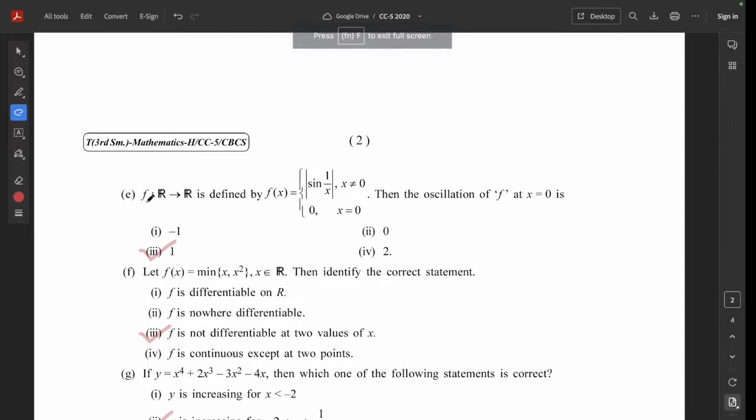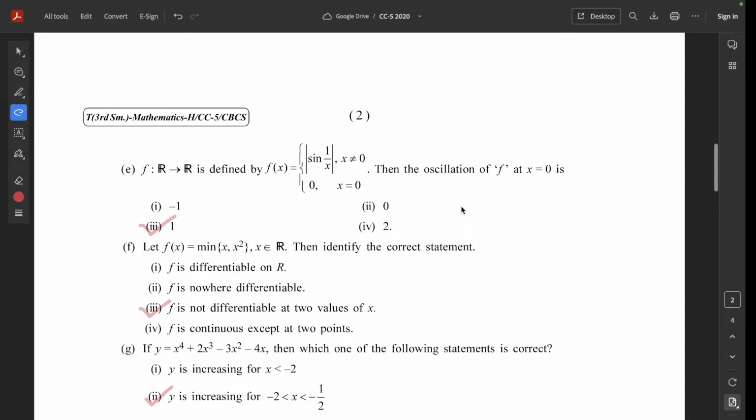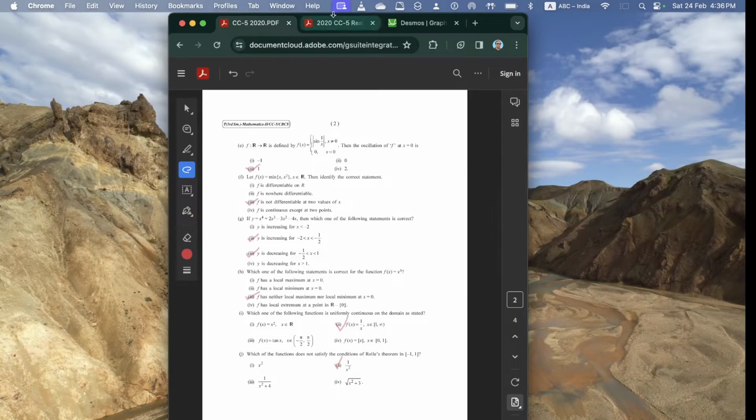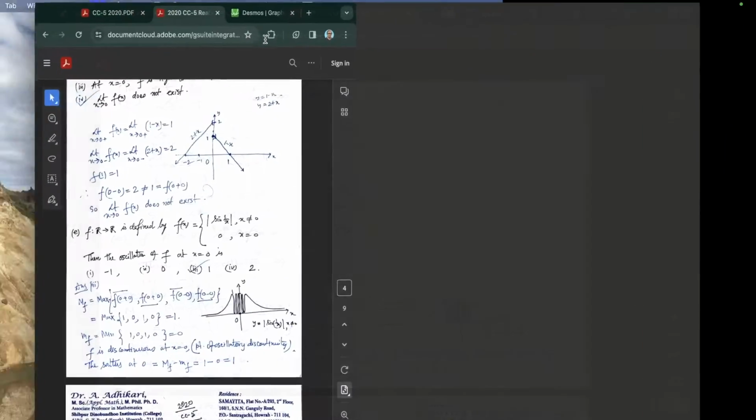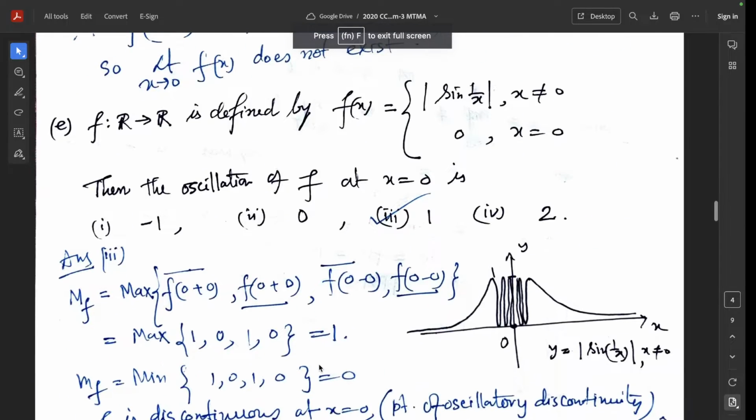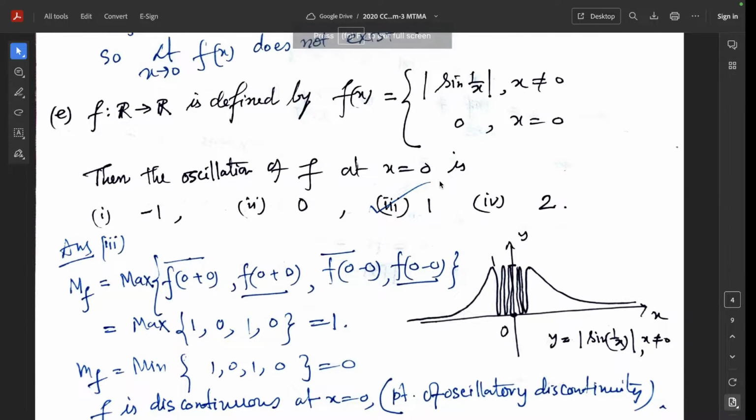Question E. If f maps from the set of real numbers to the set of real numbers, defined by f(x) equal to mod of sine 1 by x for x not equal to 0, and 0 when x equal to 0, then the oscillation of f at x equal to 0 is option 3, 1. The graph of f(x), mod of sine 1 by x, is this.